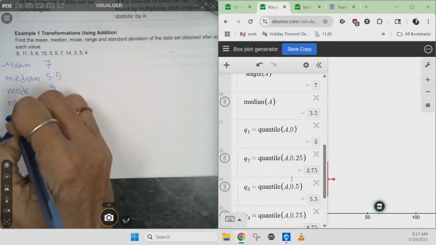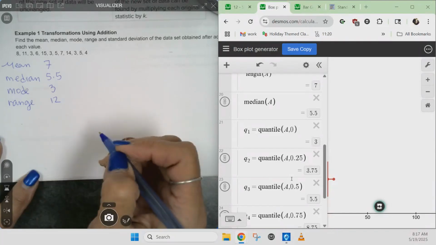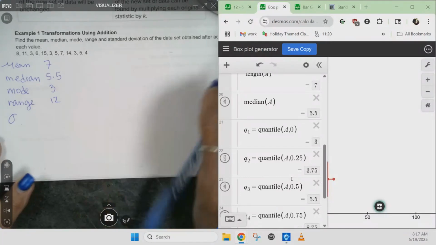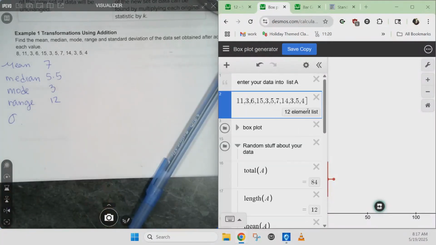Now it wants standard deviation. So in order to do standard deviation, I'm going to take this information up here and come over to my standard deviation.